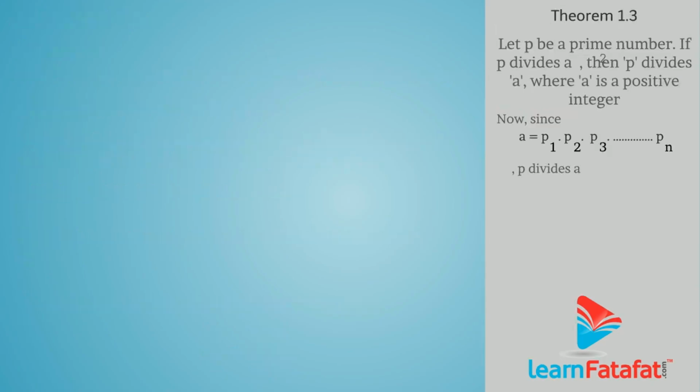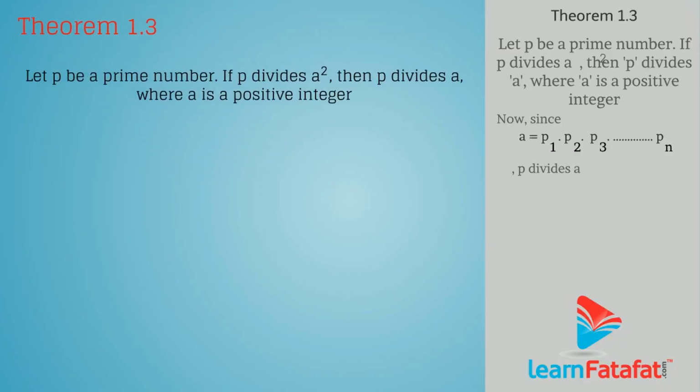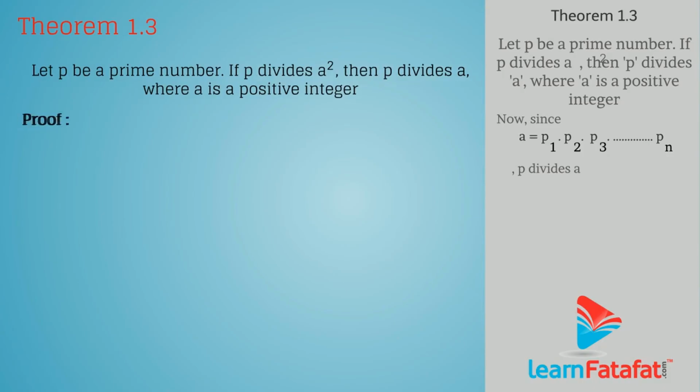Theorem 1.3, stated as: Let p be a prime number. If p divides a², then p divides a, where a is a positive integer. Proof.